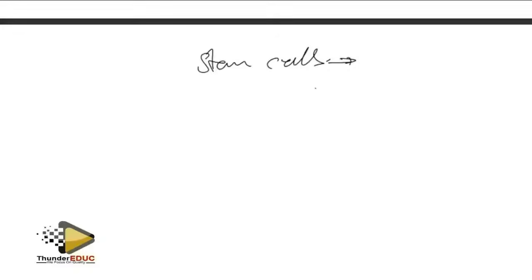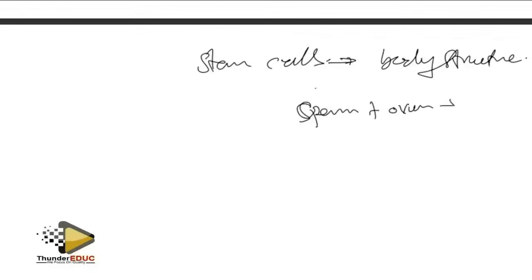Stem cells are cells which have the ability to divide to form other body structures. Imagine you are just a sperm. Sperm fuses with the ovum. You form a zygote. The zygote forms a ball of cells, which is called the morula. The morula is a stem cell. Because if I ask you to show me the eye, the legs, the chest, you can't, it's just a ball of cells.